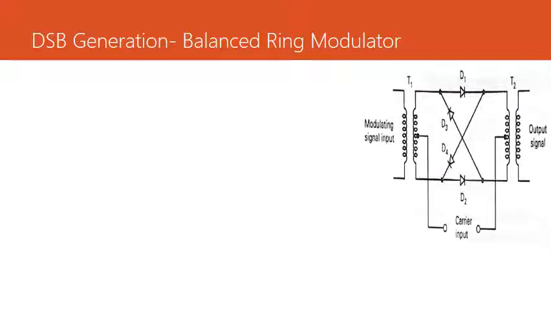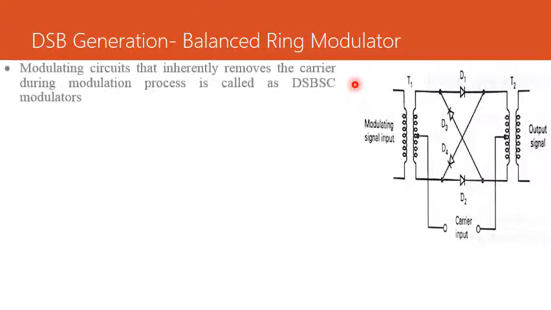In this slide we are going to discuss the double sideband generation with the help of a balanced ring modulator. The modulating circuit that inherently removes the carrier during the modulation process is called a double sideband suppressed carrier modulator.